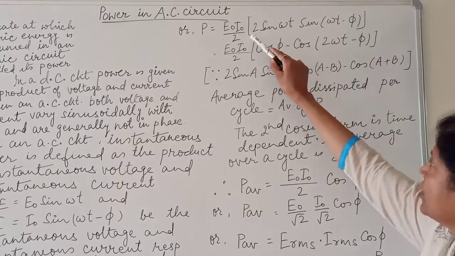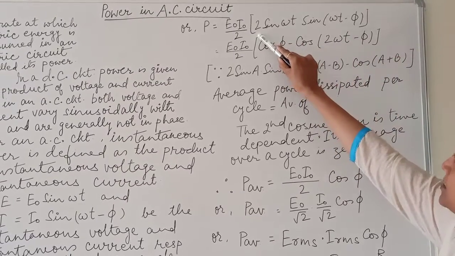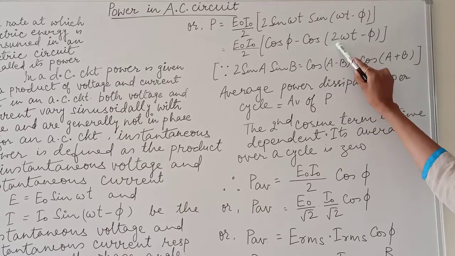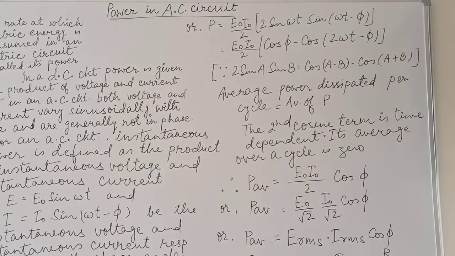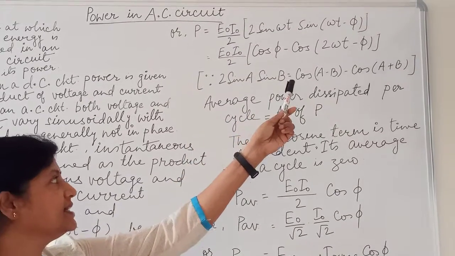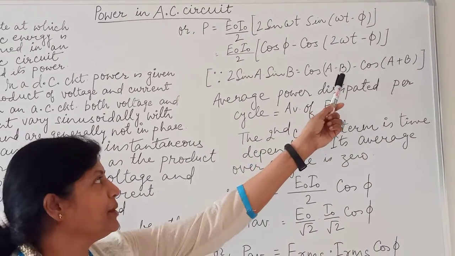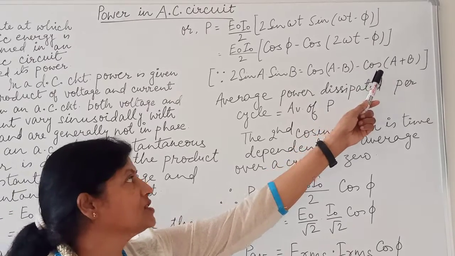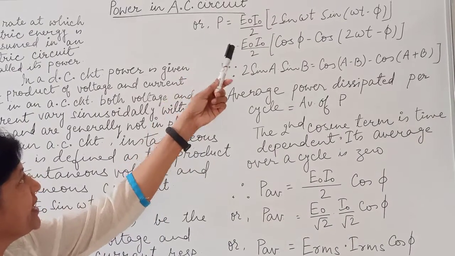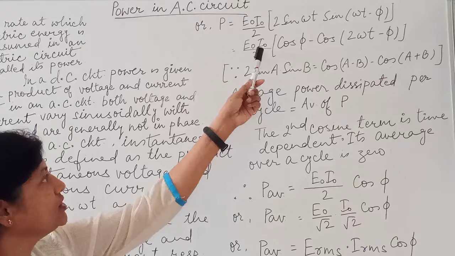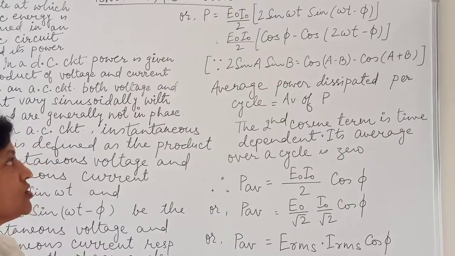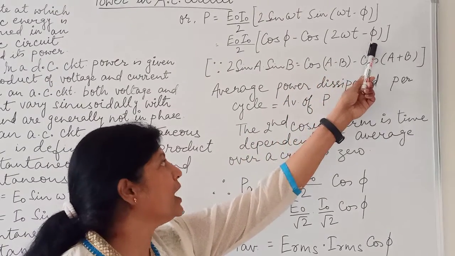For this bracketed term, we can write cos phi minus cos of 2 omega t minus phi, as 2 sin A sin B is equal to cos A minus B minus cos A plus B. Therefore, we have P is equal to E naught I naught upon 2 into cos phi minus cos of 2 omega t minus phi.